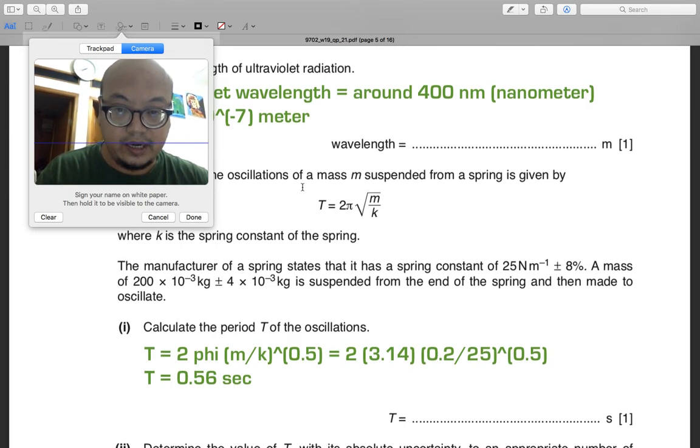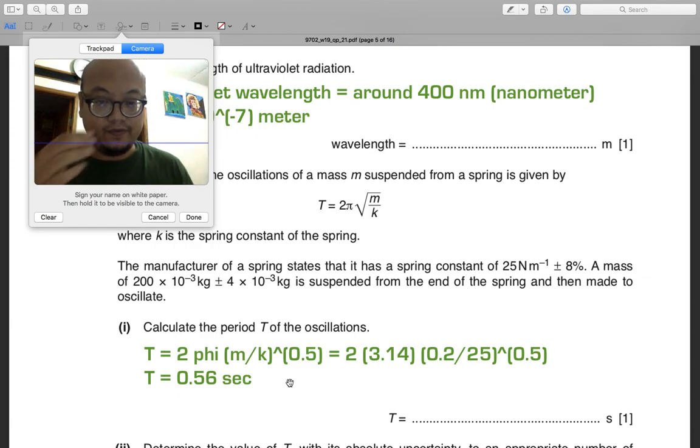So we have this formula, and we can put the numbers into it. T equals 2 pi times root of m over k, or power of 0.5. So 2 times 3.14 times (0.2 over 25) to the power of 0.5. 0.2 is the mass, 200 times 10 power minus 3 kilogram, and 25 newton per meter is the spring constant.